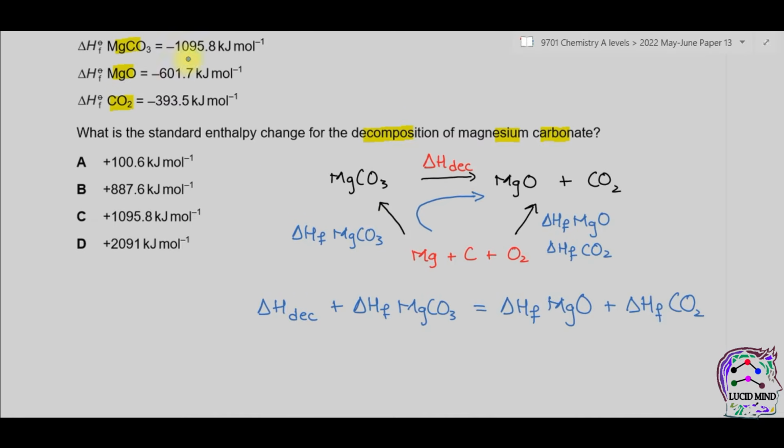So let's put values from the given table. Now we have delta H decomposition. Formation of magnesium carbonate is minus 1095.8. Formation of MgO is minus 601.7. CO2 is minus 393.5.